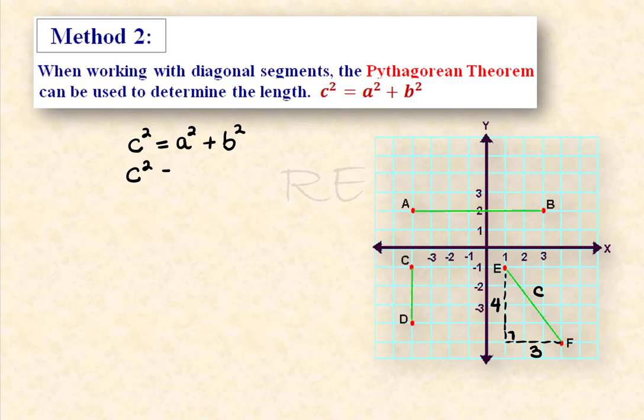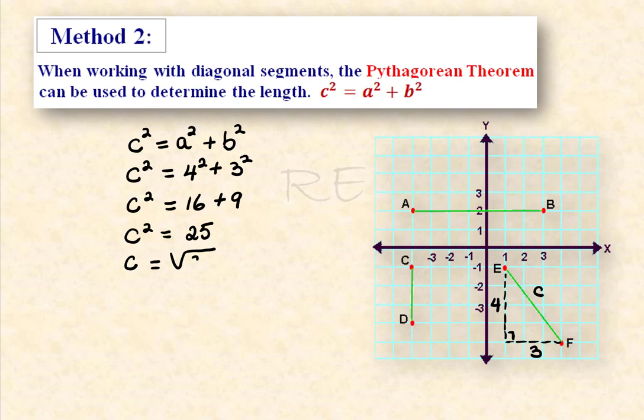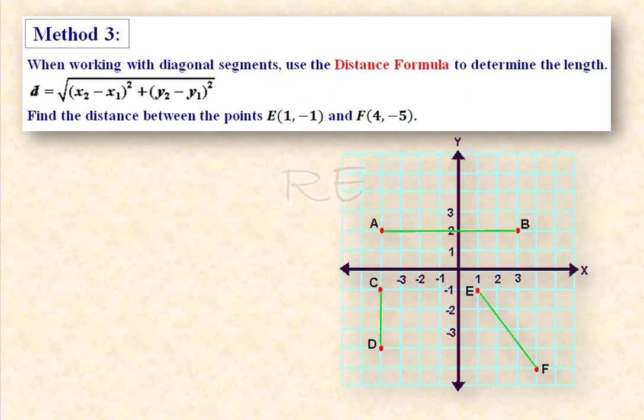C squared will be equal to the altitude, counting the units, 4 units down, and the base, 3 units. C squared is equal to 16 plus 9. C squared is equal to 25, and c is equal to the square root of 25, which is 5. Now, EF is equal to 5.